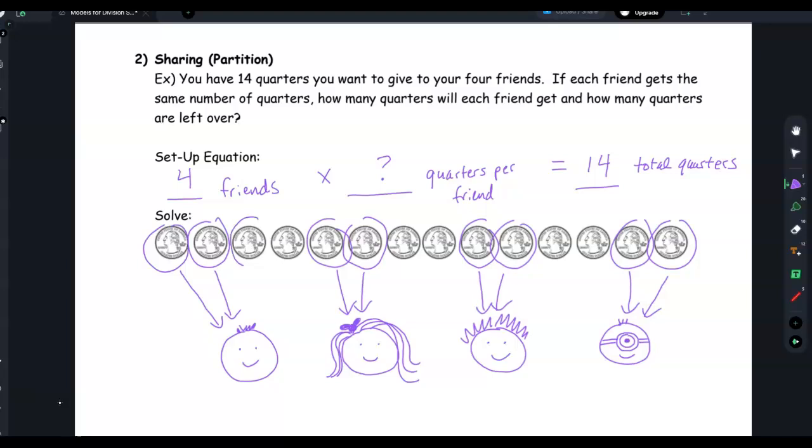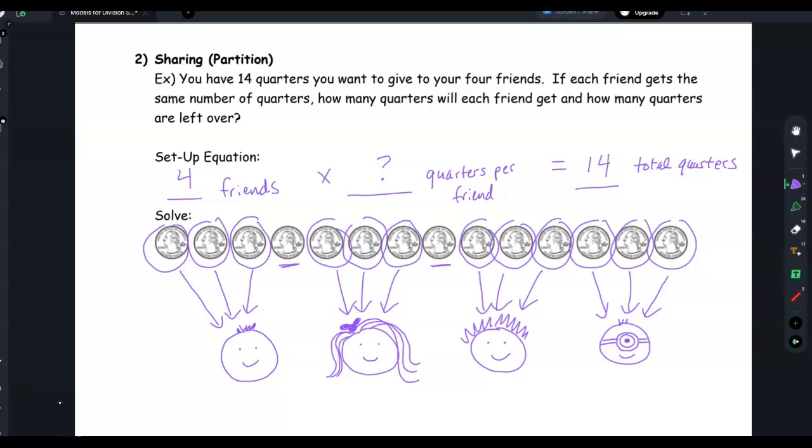I do. So let me give everybody a third quarter. So now you have 3, you have 3, you have 3, and you have 3. Then look again at my quarters that are uncircled, and do I have enough to give everybody another? I actually don't. I'm seeing only 2 quarters left, and that's not enough to give everybody another quarter.